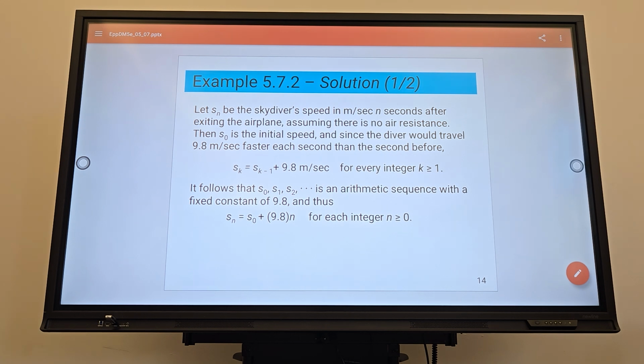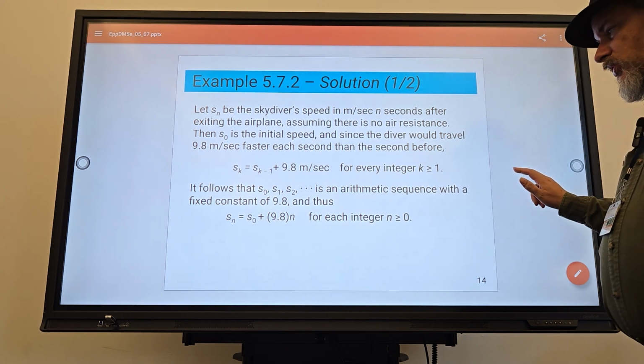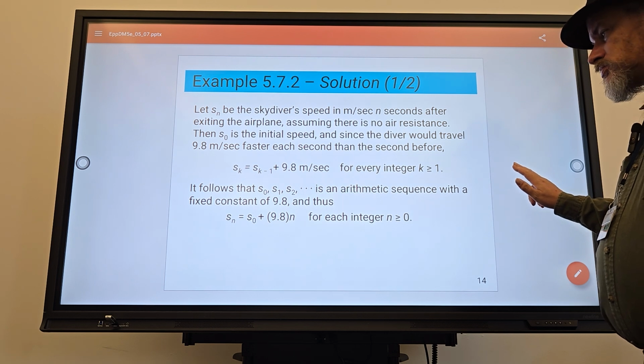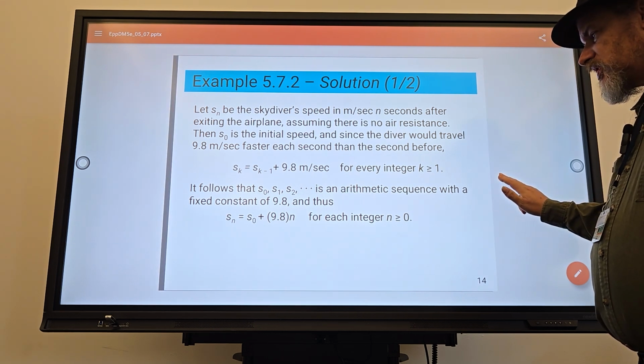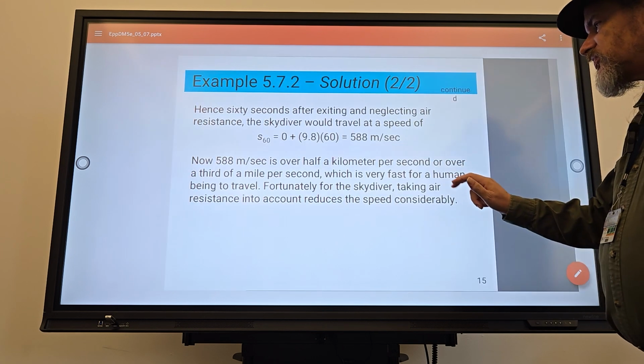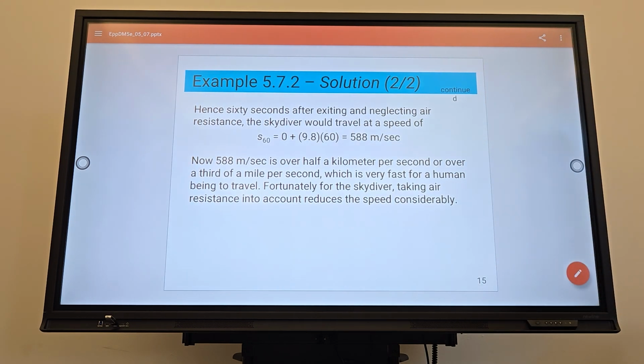And thus, S sub n equals S sub 0 plus 9.8 n for every integer n greater than or equal to 0. Hence, 60 seconds after exiting and neglecting air resistance, the skydiver would travel at a speed of 588 meters per second.